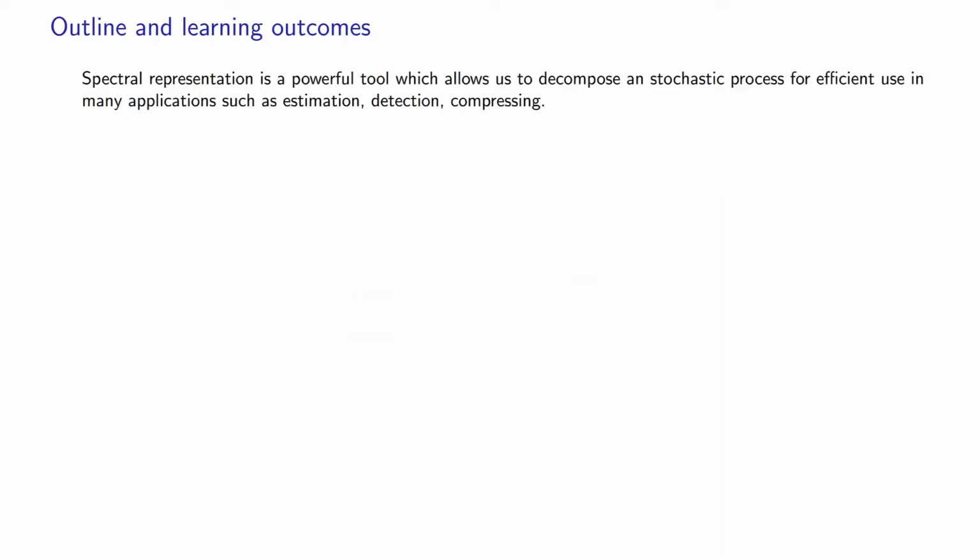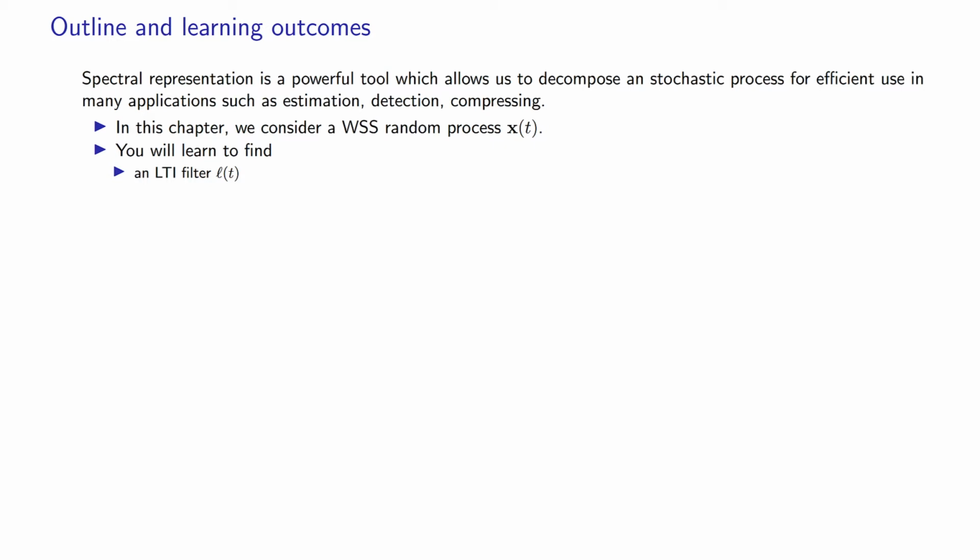So a spectral representation is a powerful tool which allows us to decompose stochastic processes for efficient use in different applications such as estimation, detection, and so on. In this module, in this course, we consider only wide sense stationary random processes for spectral representation.